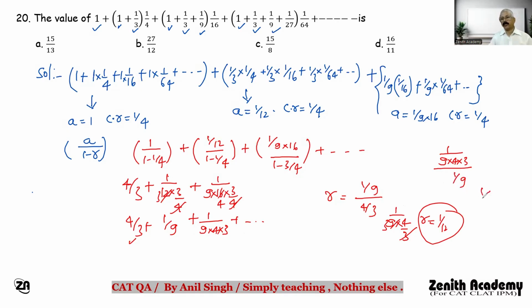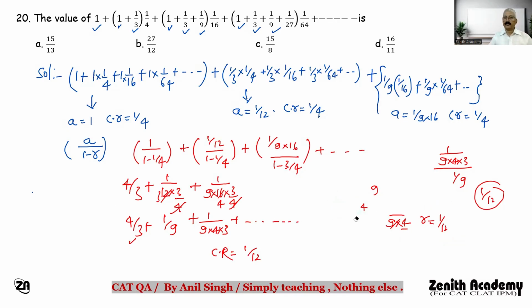So this is also coming 1 by 12. It means the common ratio for this series is 1 by 12. So now it is easy to find the sum of this.